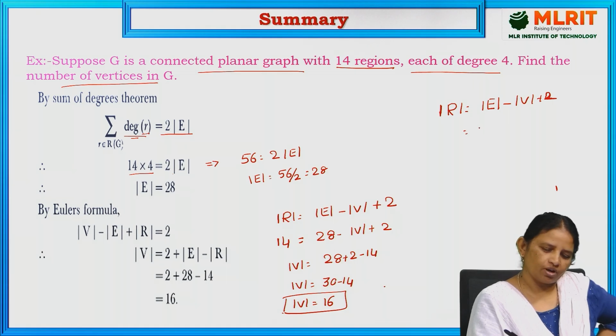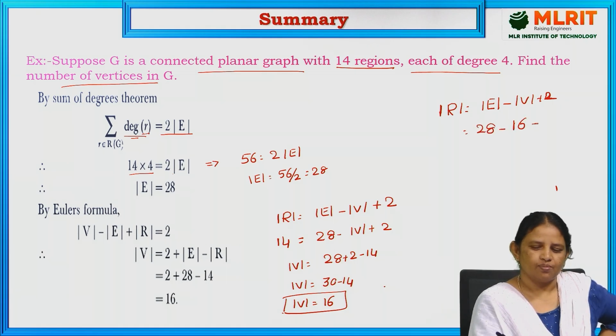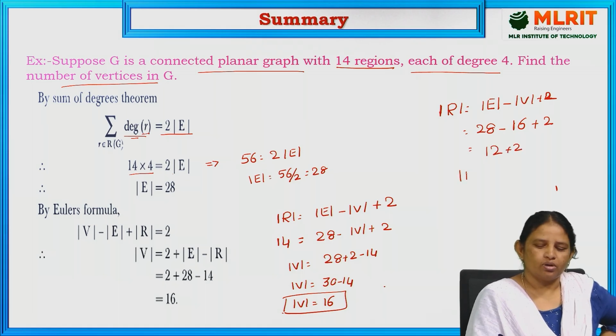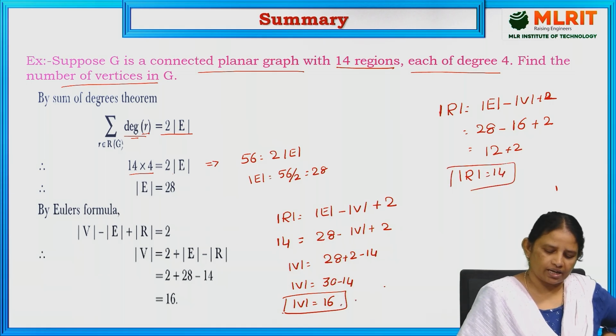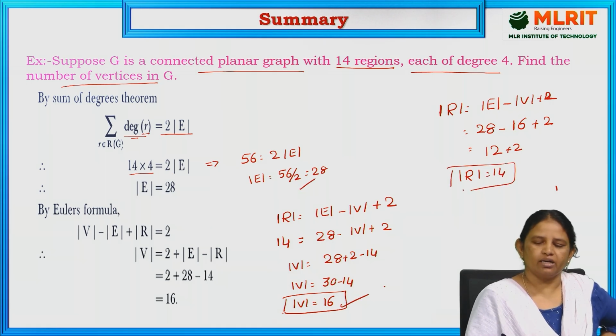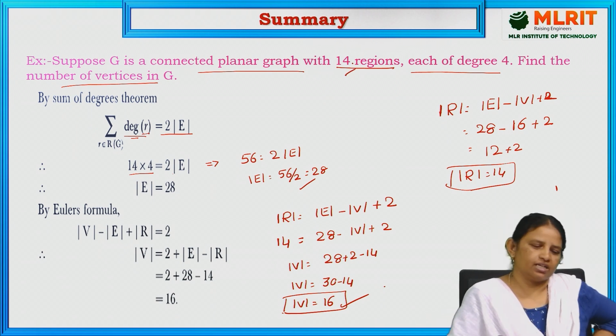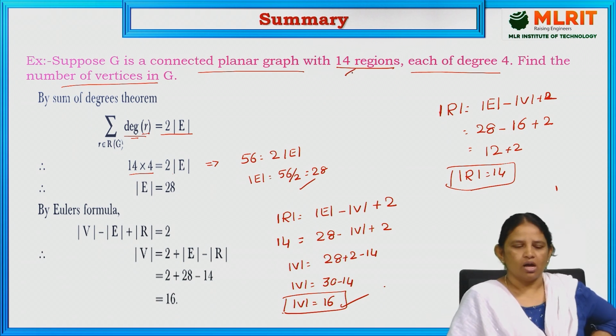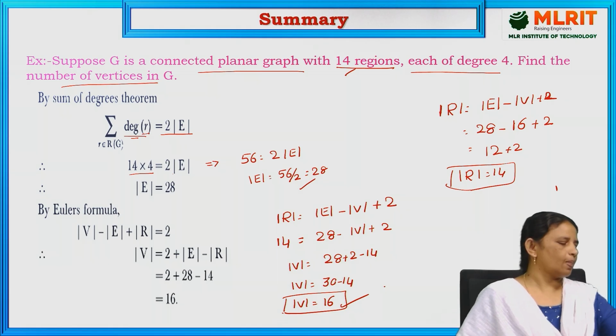The total number of edges is 28 minus 16 plus 2. 28 minus 16 is 12, plus 2, so the total number of regions is 14. So the number of edges and number of vertices are correct, because in reverse we get 14 regions. So, that is Euler's formula.